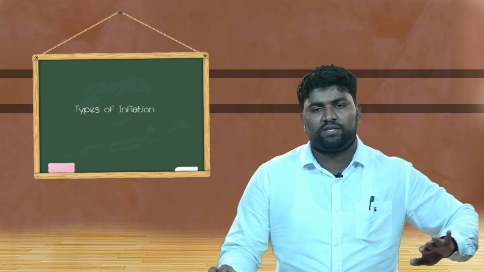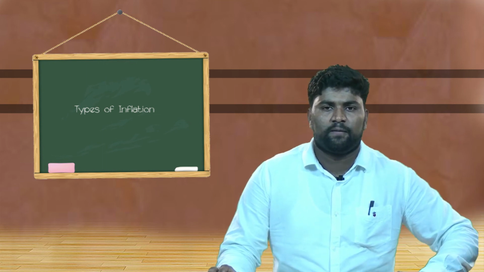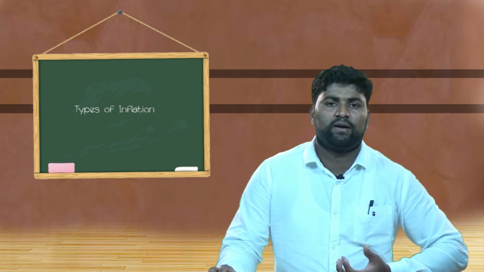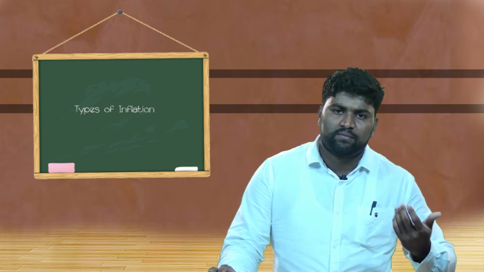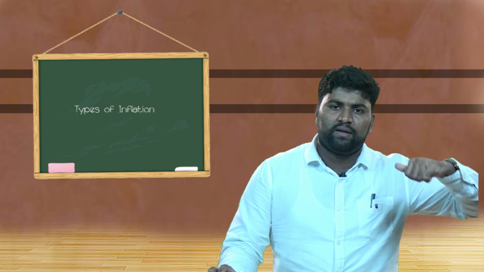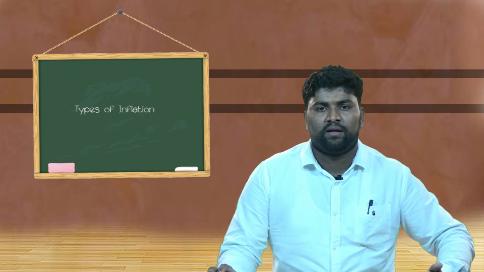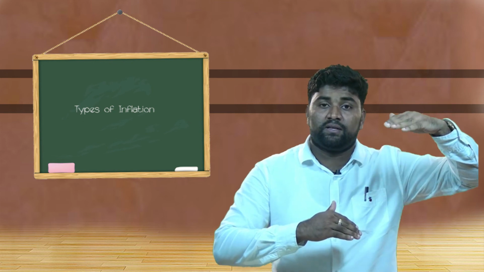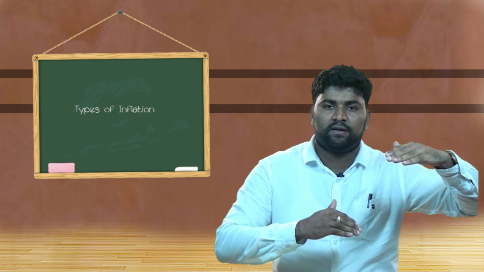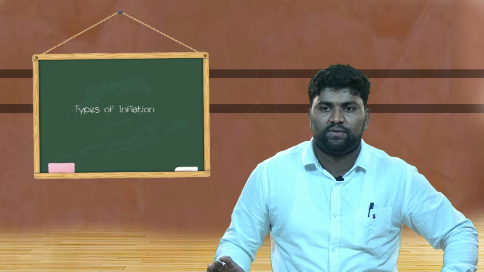When industry stops its process of production, automatically the supply of commodities in the economy becomes less and less. And when supply becomes less and less, since demand is increasing in the economy, then a huge gap between demand and supply takes place. This huge gap raises the prices of commodities as well as services in the economy.